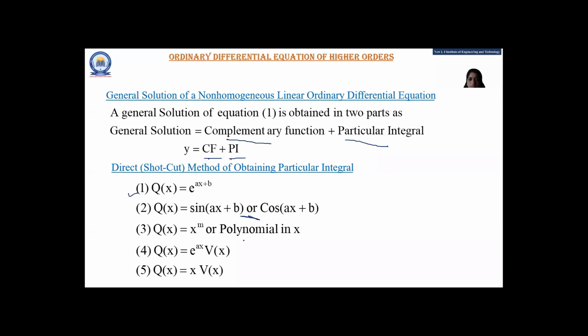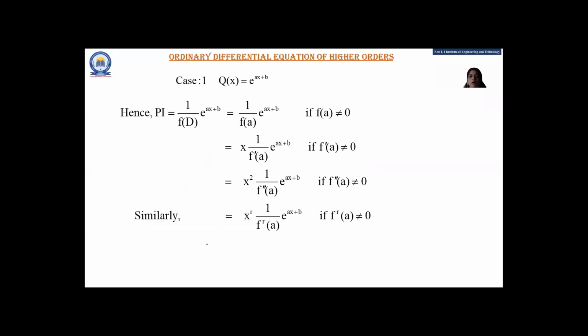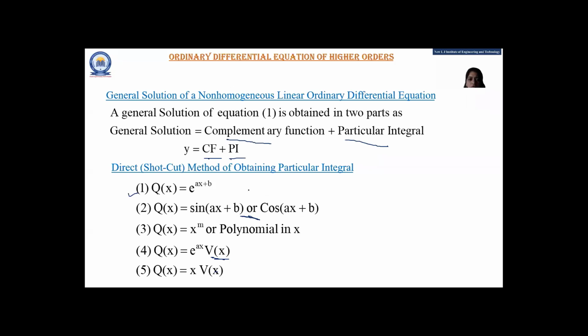Case 3 is x^m, a polynomial in x. Case 4 is e^(ax) V(x), where V(x) is a function of x. And case 5 is x V(x), again a function of x. So let's start the solution of the non-homogeneous ordinary differential equation with case 1, which, as I told you, is the exponential term e^(ax+b).